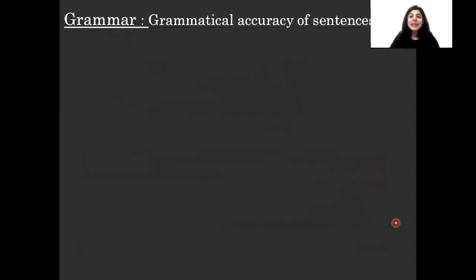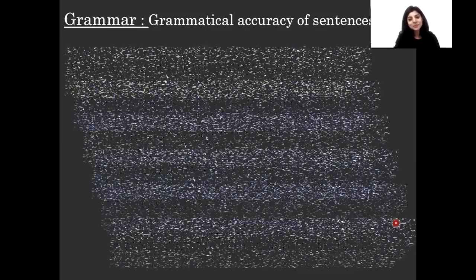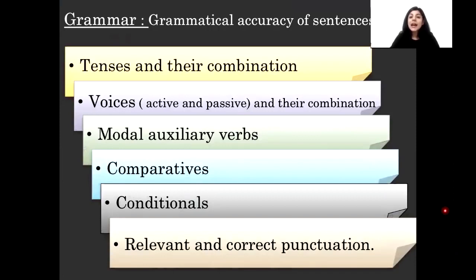All right, the criteria of grammar is judged on grammatical accuracy of sentences. As in, how correctly are you able to use tenses and their combination, correct voices and their combination, modal auxiliary verbs, comparatives, conditionals, relevant and correct punctuation.